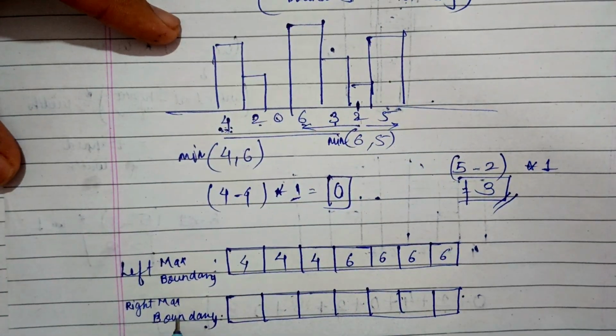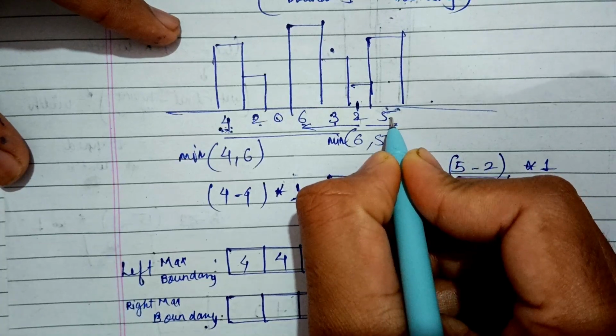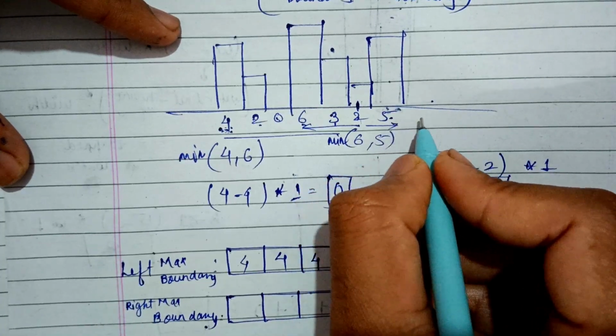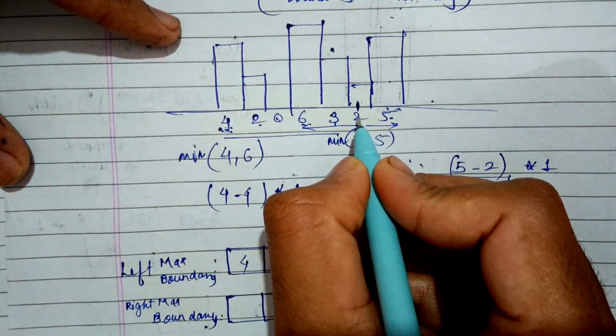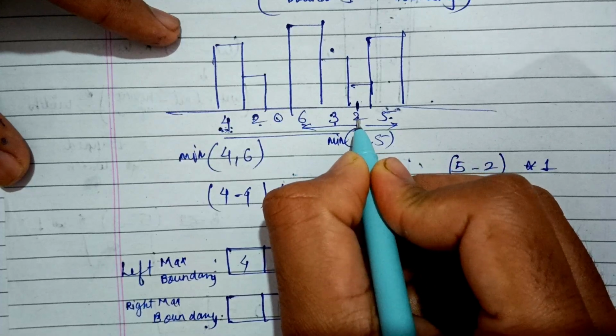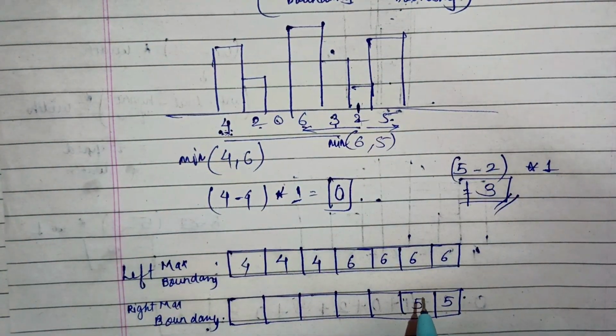For the right max boundary we have to traverse from the right side. So for this bar, what will be its maximum right boundary? Obviously 5 only. For the next bar, obviously 5.